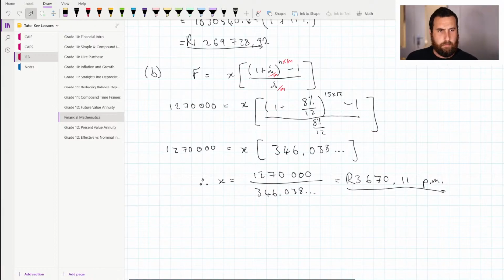Okay. Any questions on that? So that's a nice simple use of an annuity formula, the future value annuity.